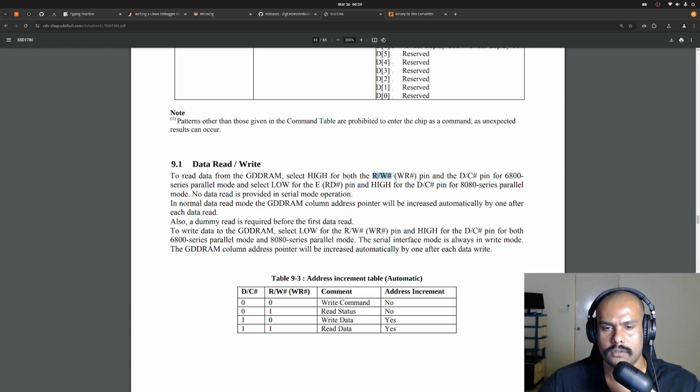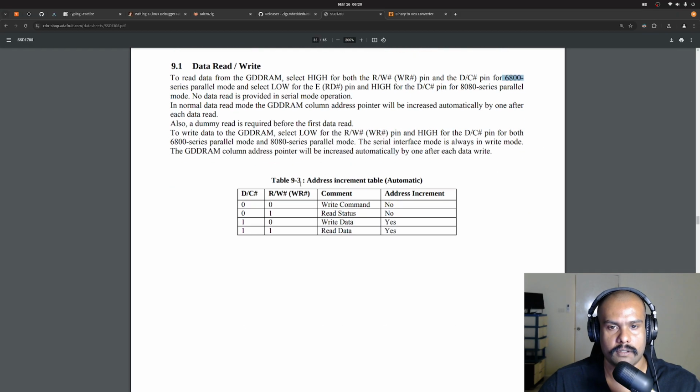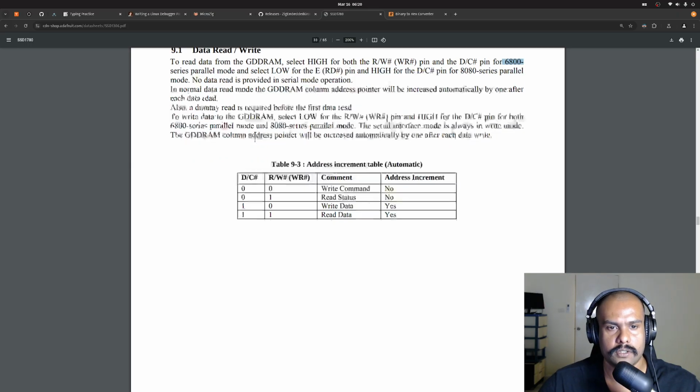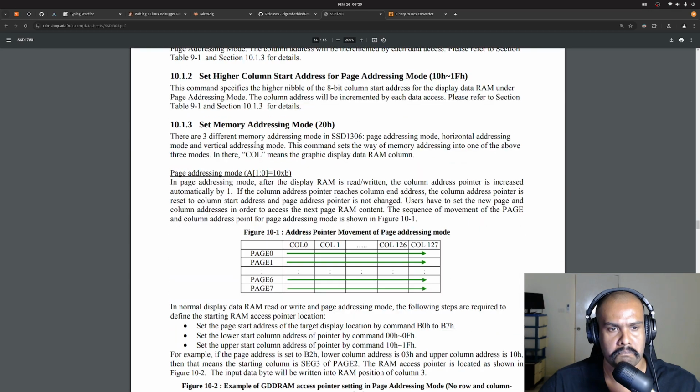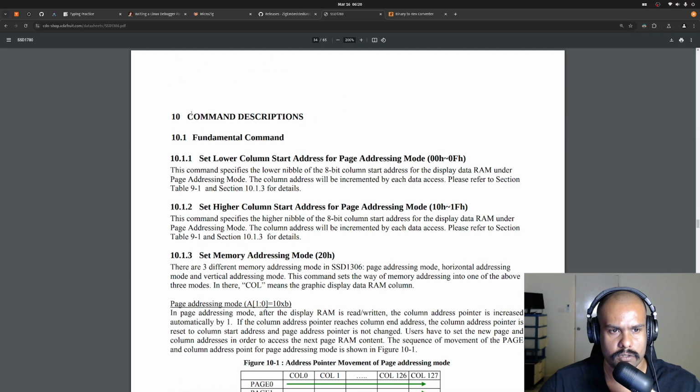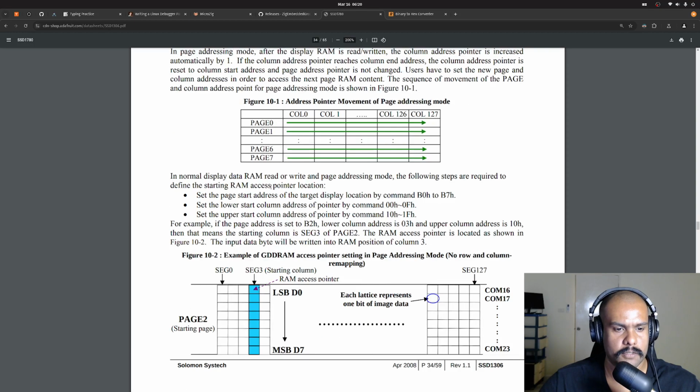I know this is read/write. What is this? And DC. Oh, okay, 6800 series. Nah, I don't care about that. Where's the I2C? Feel like this can be ignored. Command descriptors. Yeah, this can be ignored.